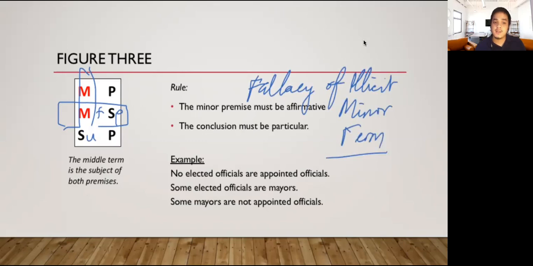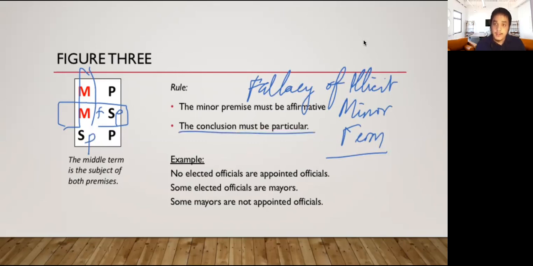So that's to avoid the fallacy of illicit minor term. That's why we have the conclusion to be particular.